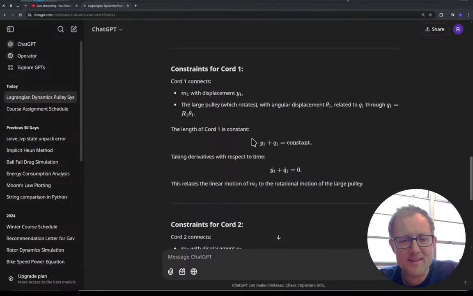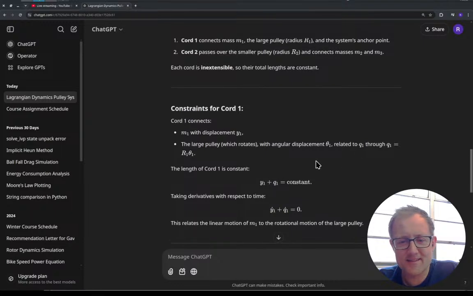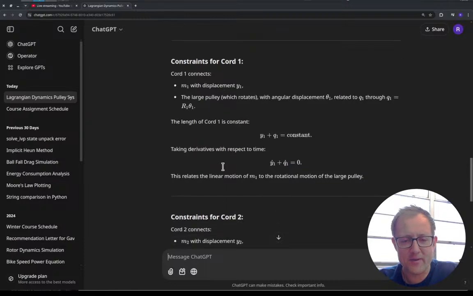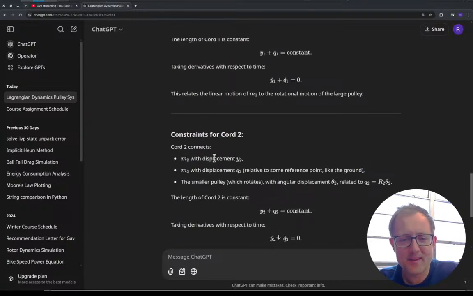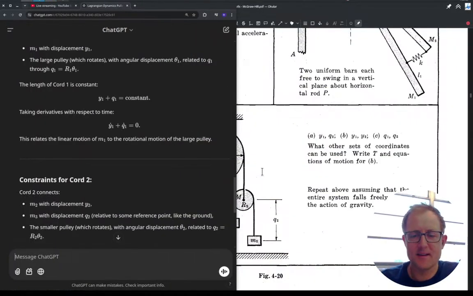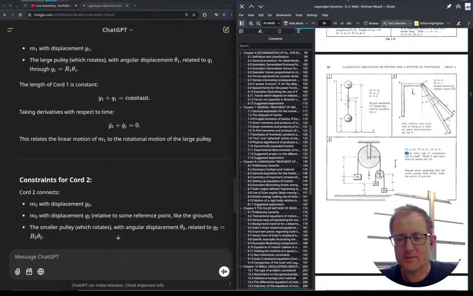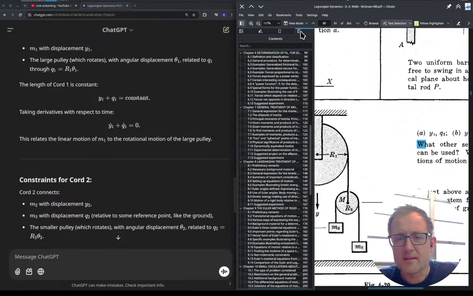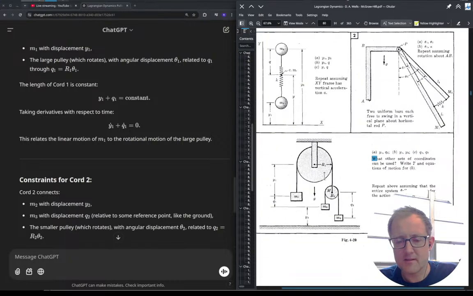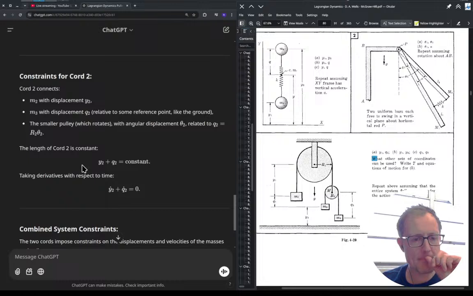So it thinks, yeah, I don't know why it thinks that one is true. But anyway, we'll get there. M2 with y2. And here, let's do a side by side. So we've got this, for chord 2.